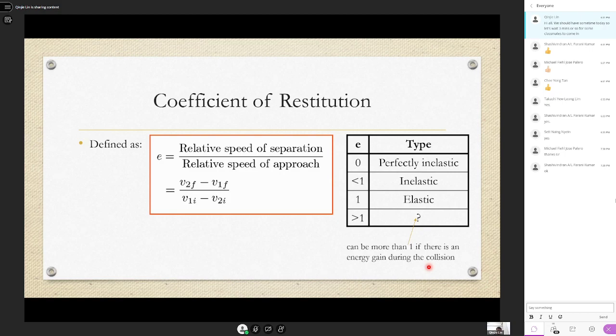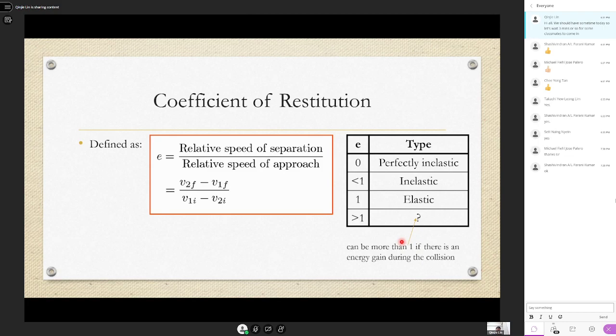This can happen usually during explosions. If this one collides with this one, then at the collision, an explosion occurs. The explosion releases a lot of energy which goes into the mechanical energy of these two particles, accelerating them away very fast.